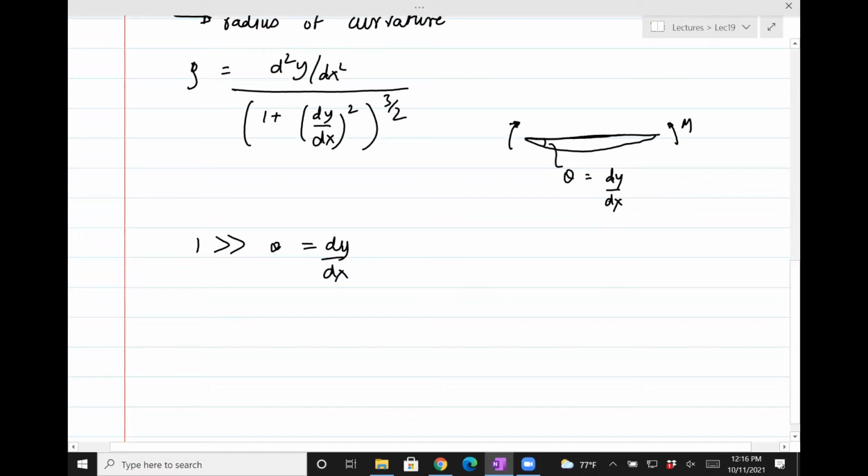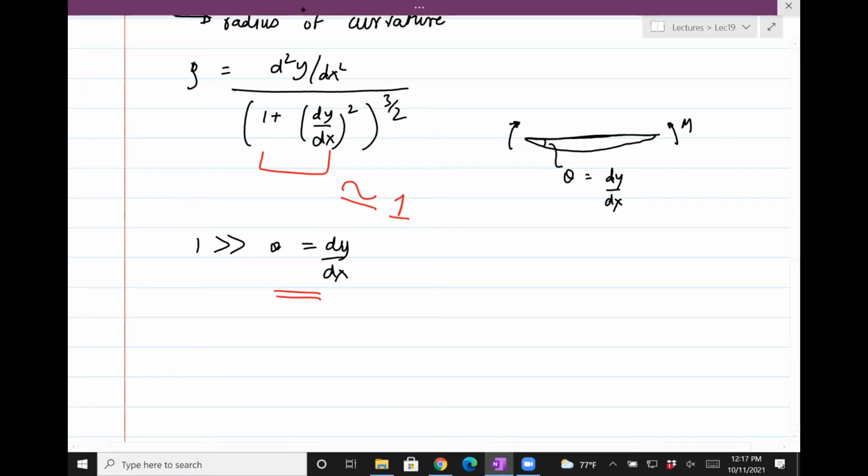And so what we can do here is say that this term, the denominator, is essentially 1, close to or almost equal to 1, because of the fact that the deflection is not that much.